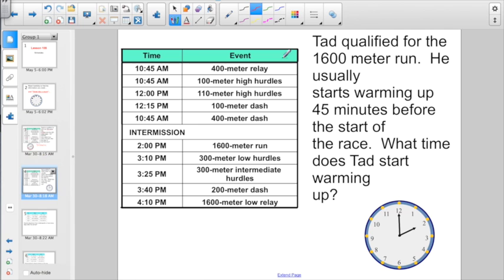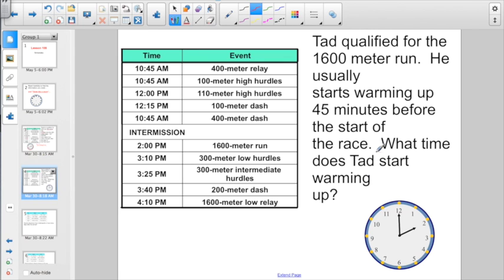Let's check out this one. We're still using the same schedule. Tad qualified for the 1,600-meter run. Usually, he starts warming up 45 minutes before the start of the race. What time does Tad start warming up?